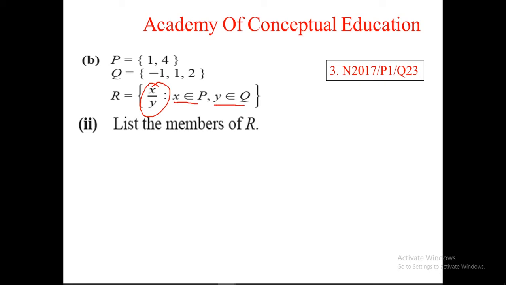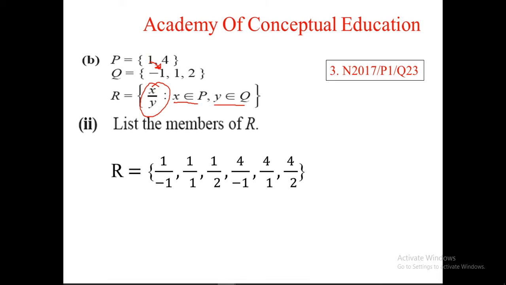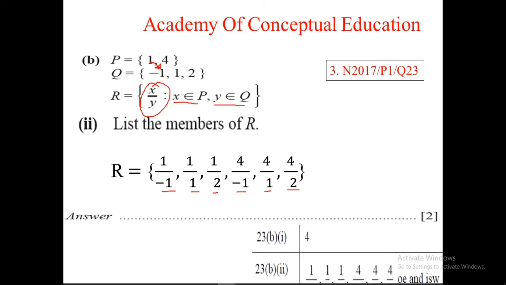Now we have to put the values in the equation, x and y. Similarly, we will put it like this: 1 and minus 1, 1 and 1, 1 and 2, and then 4 and minus 1, 4 and 1, 4 and 2. So we simply put these values and write them, and these are the elements of set R. I hope that the concept is clear.